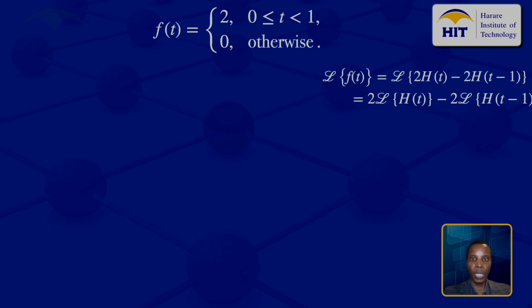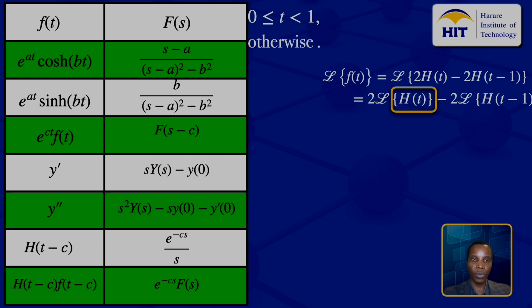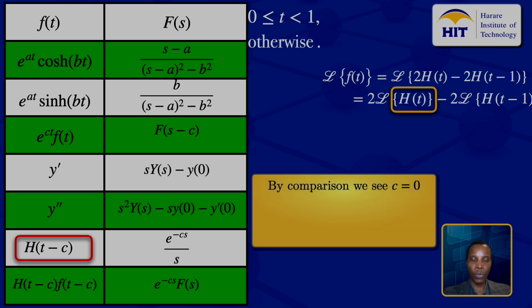And then we go on and look at this function here, h of t, and consult our table of Laplace transforms so that we get the Laplace transform there. We see that the highlighted part is of this form, h of t minus c. By comparison of the two highlighted functions, we see that our c is equal to 0.